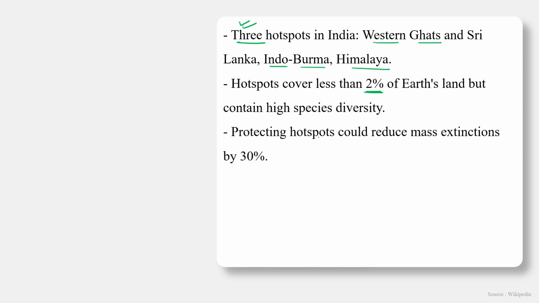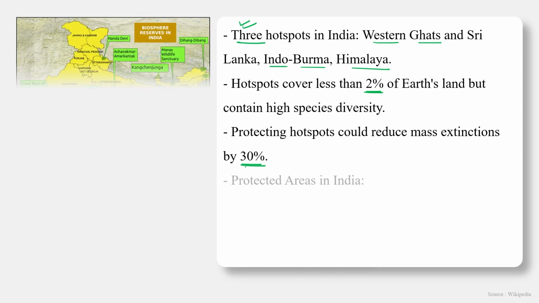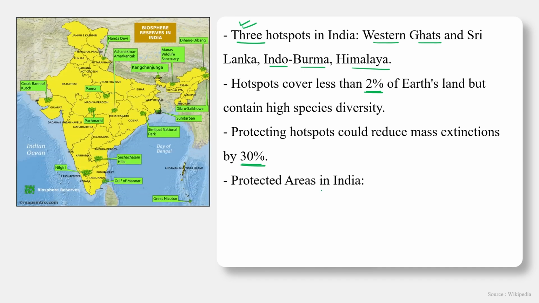Protecting hotspots could reduce mass destruction by 30%. So we have to preserve these hotspots. Now if we look at this map, you can see some protected land present in India.